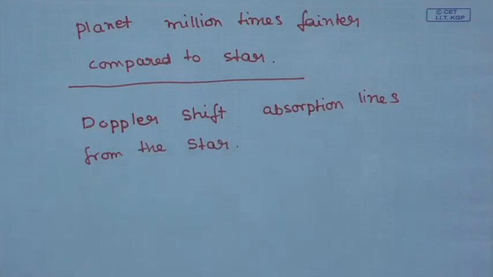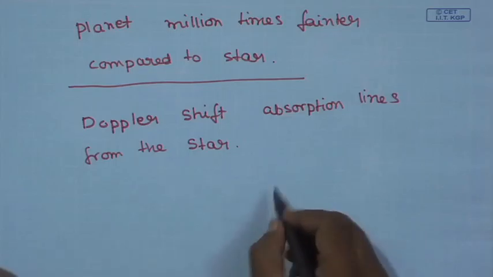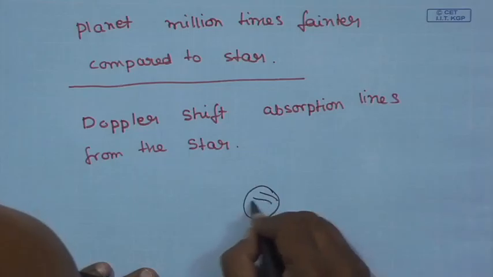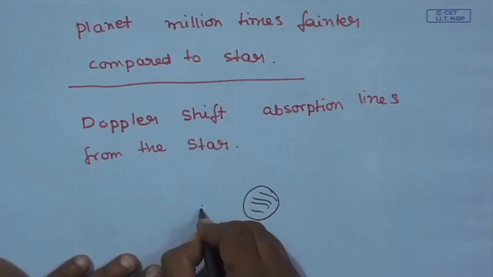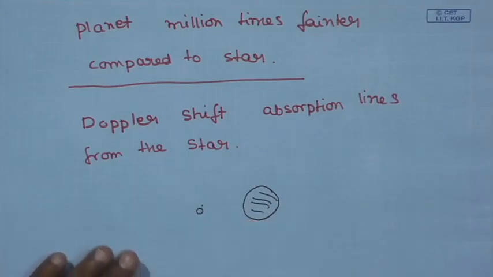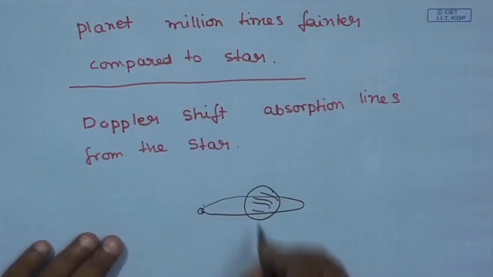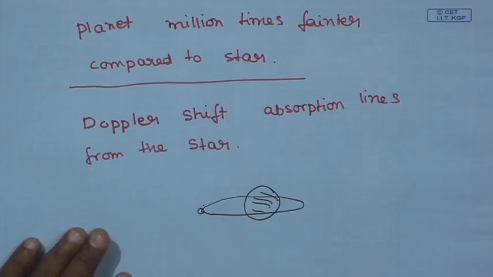So, what is the situation? The situation is that you have a star and you have a very small mass, which is the planet, in orbit around the star, and normally you would think that the star is fixed and the planet just goes around it, but as we have seen, both of them actually move around the center of mass.